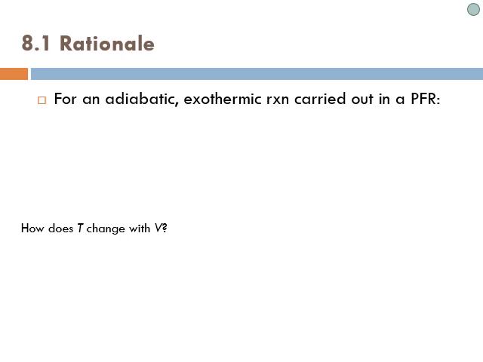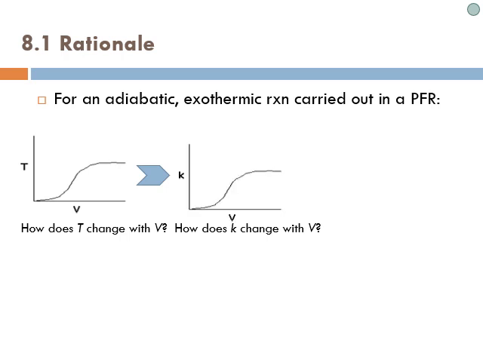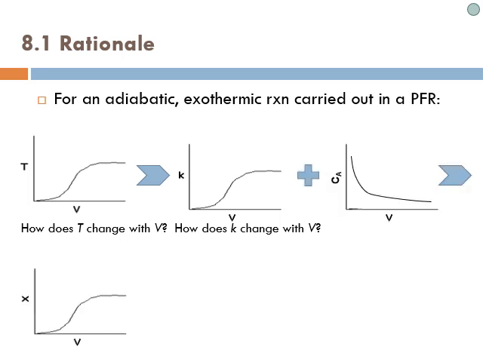Of course, since the reaction is exothermic, releasing heat, and this heat cannot leave the system, the temperature will increase, correct? When the temperature increases, how does K change with volume? Well, obviously, the value of K, rate constant, will increase as well because temperature is increasing, right? Okay, couple that with the change in concentration. This will give you a conversion profile, X versus V.